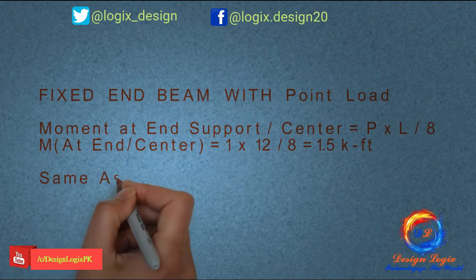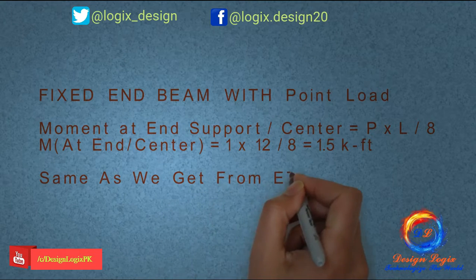So here is the value 1.5 kip-feet, same as we get from the ETABS analysis.